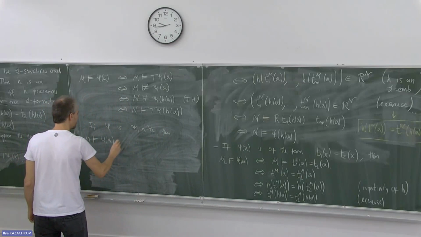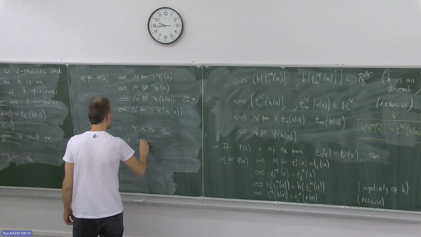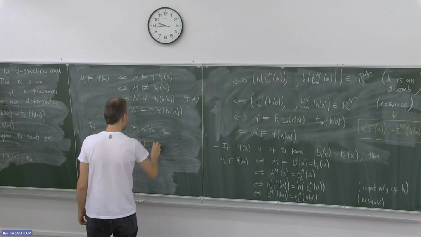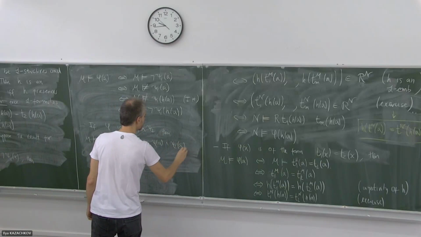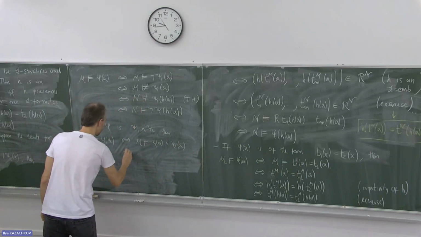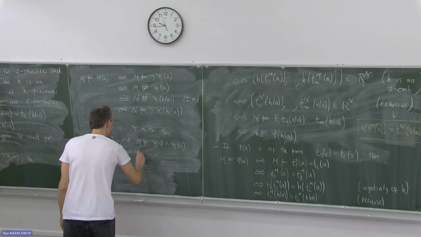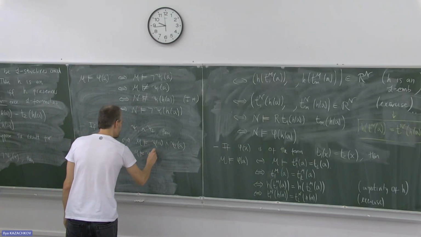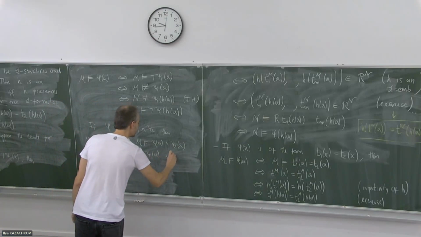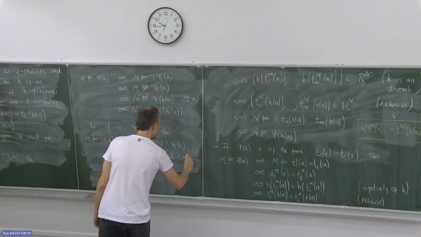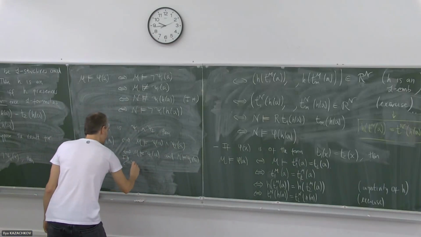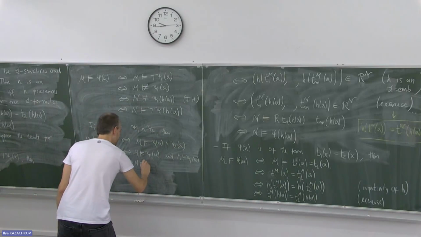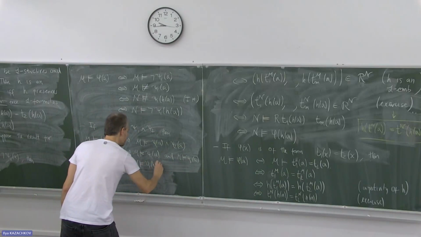We have phi of A if and only if M satisfies psi1 of A and psi2 of A. And this by definition, we know this is M satisfies each one, M satisfies psi1 of A and M satisfies psi2 of A. And here we use the induction hypothesis to claim the same thing for H of A.